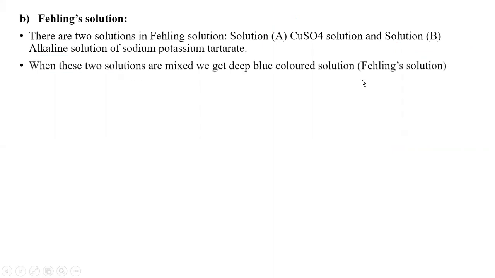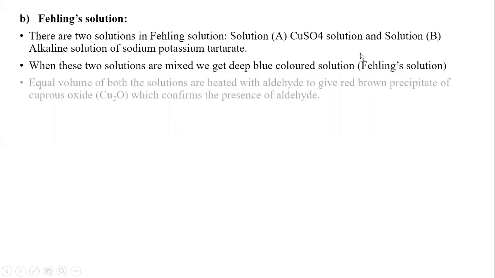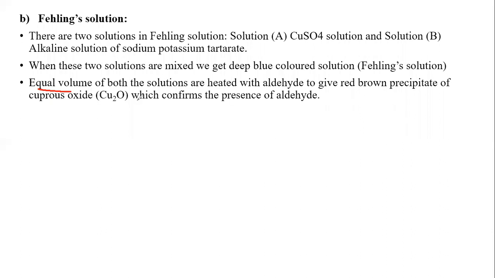When both solutions are mixed in equal amounts, they produce a deep blue colored solution, which is called the Fehling solution. When the Fehling solution and the aldehyde are mixed in equal volume and heated, a brown precipitate of Cu2O is formed, which confirms the presence of aldehyde.